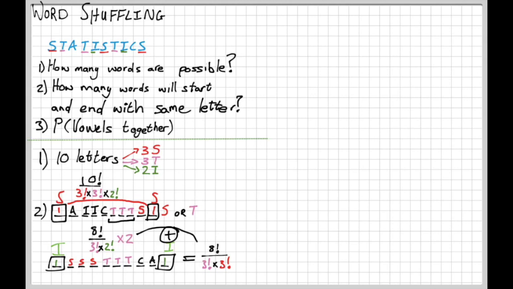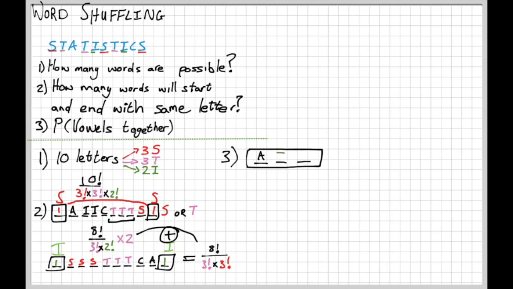Now question 3 is a little bit weird, because it doesn't ask me for the number of ways possible. It asks me for the probability of the vowels being together. So what I do when they group things together, I like to put things in boxes.